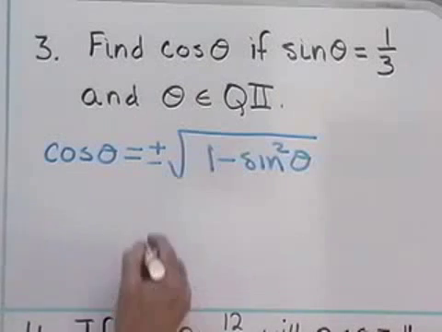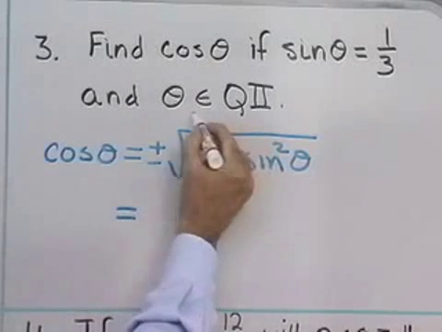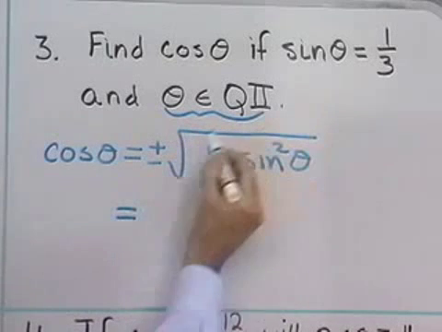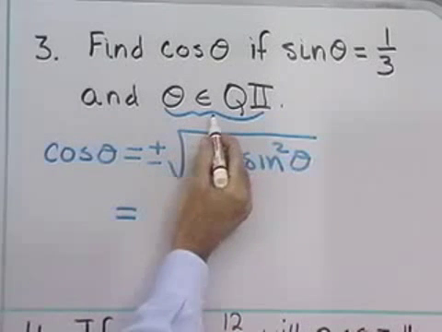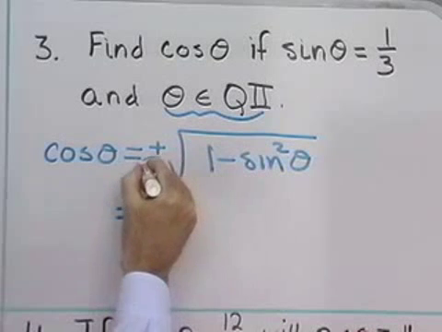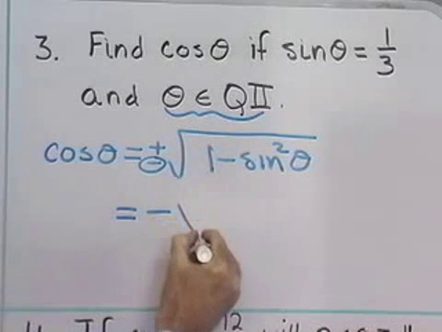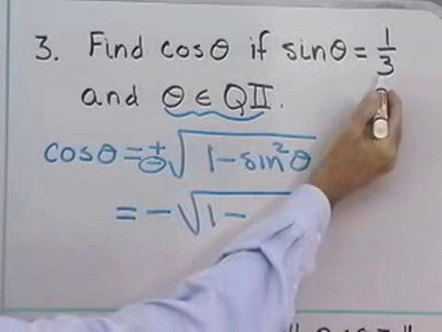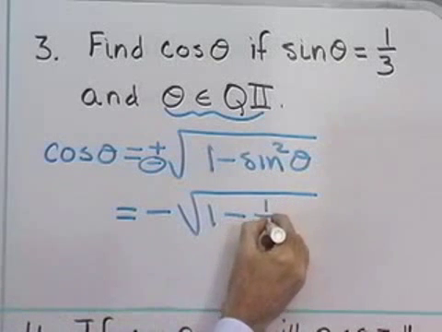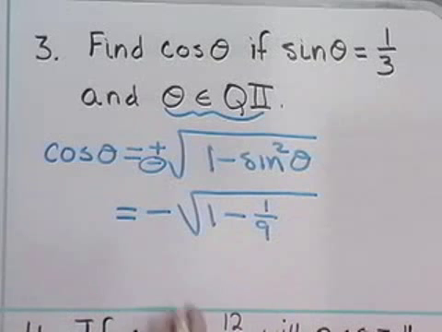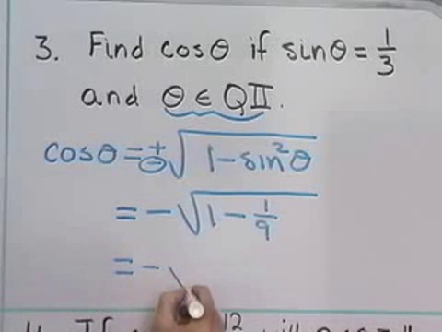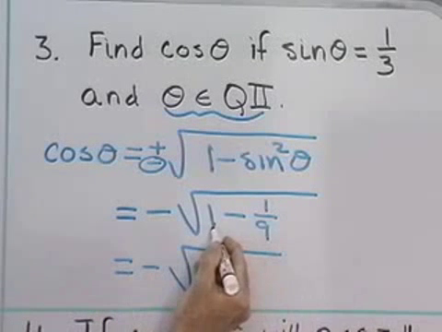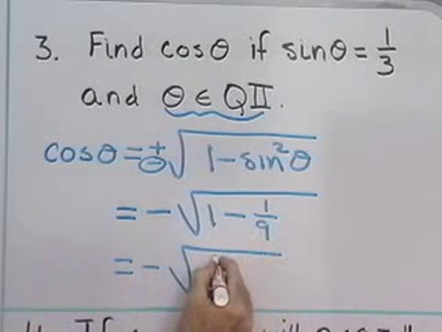So let's take a look. Because theta terminates in quadrant 2, and I'm looking for the cosine, I know in quadrant 2 cosine is negative. So I'm going to choose that sign, square root of 1 minus sine squared. Well, sine is 1/3, so its square is 1/9. So that's going to be negative square root of 9/9 minus 1/9 is 8/9.